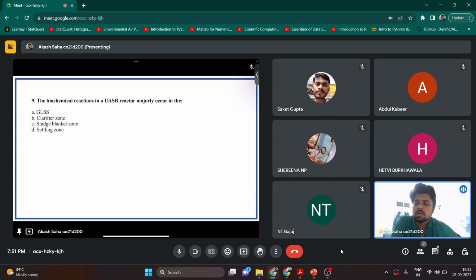Okay. So the next question is: the biochemical reactions in a USB reactor majorly occur in. So where does the biochemical reaction happen in a USB, that is the upflow anaerobic sludge blanket reactor? A, is it in GLSS? B, clarifier zone? C, sludge blanket zone?